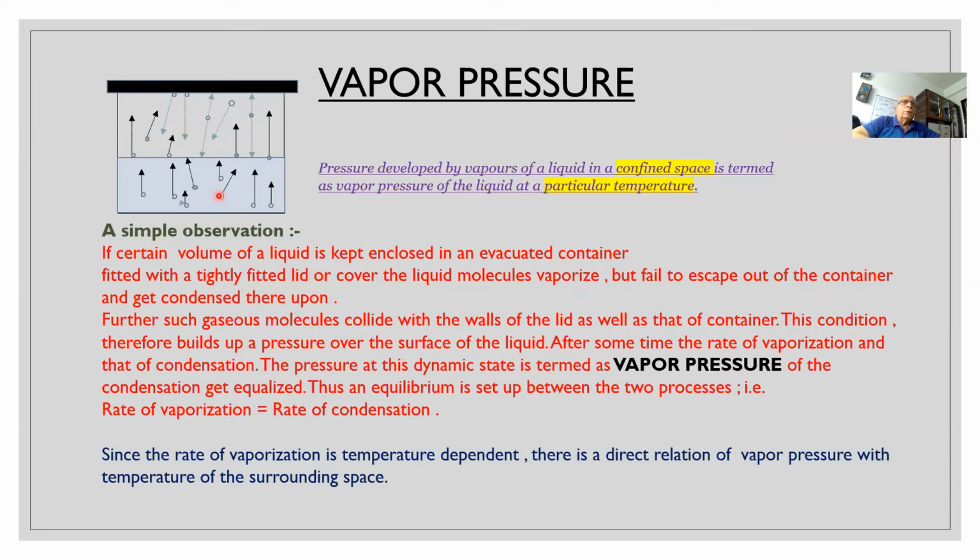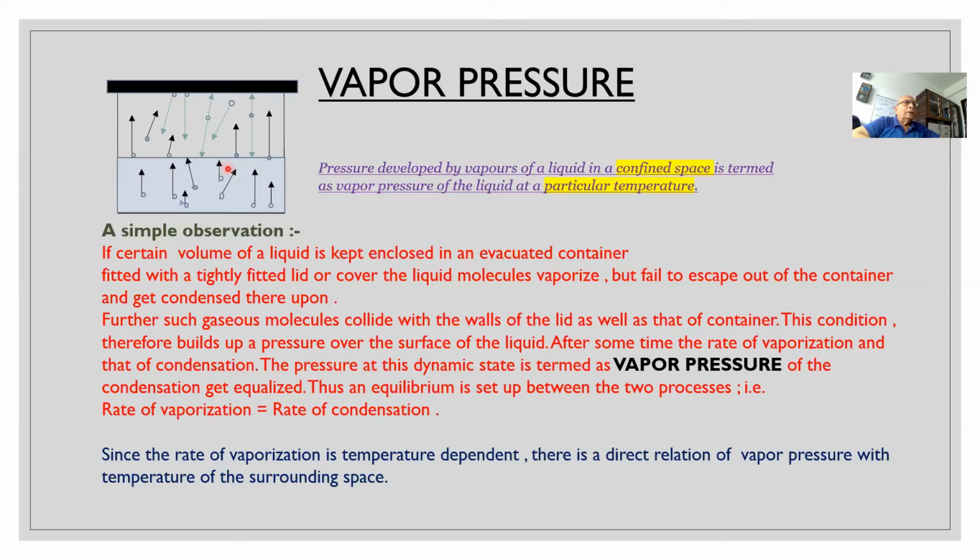The particles of the liquid are in constant motion, and they collide with each other. As a result of their collision, there are certain particles which move up to the surface. And the rate of collision depends upon temperature.